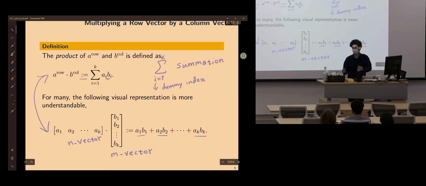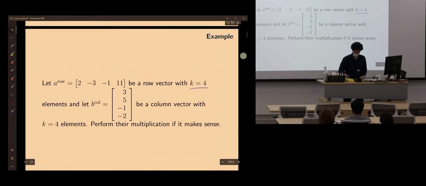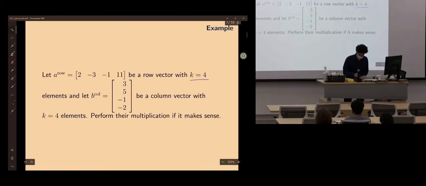This is the reason later we define the size constraints on matrix multiplication, because for multiplying a row vector by a column vector, we must have the same number of elements in each of them. So just tell me how to multiply A times B.